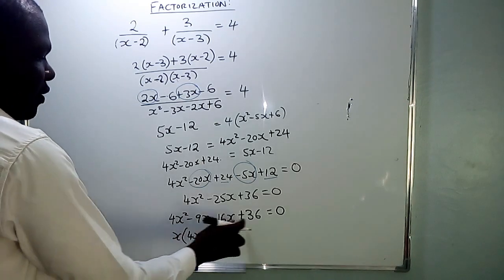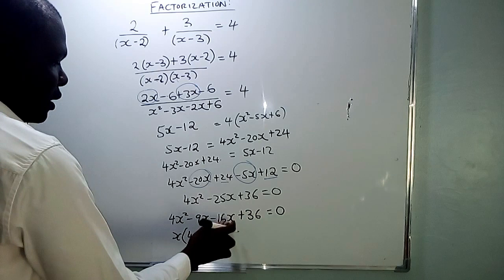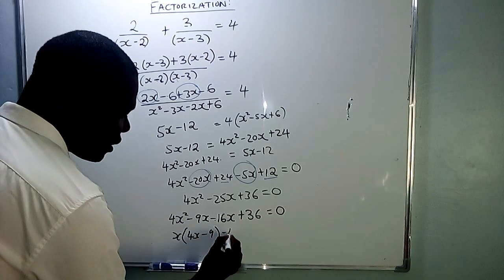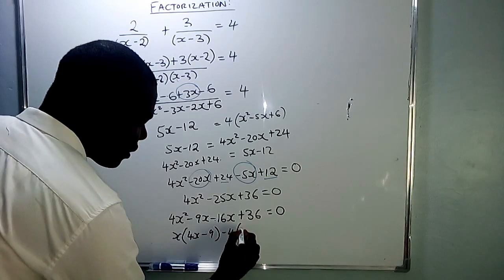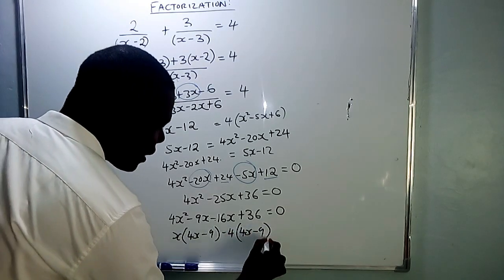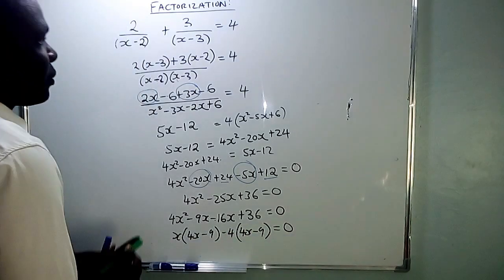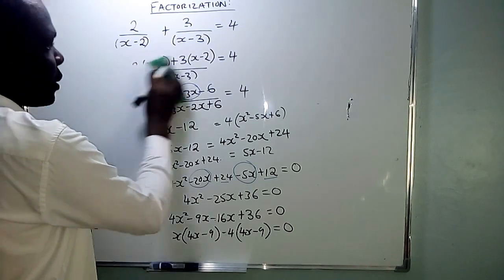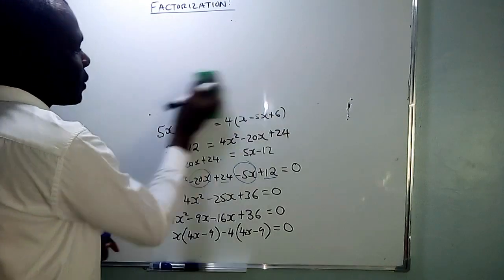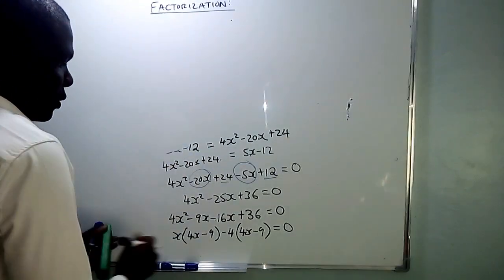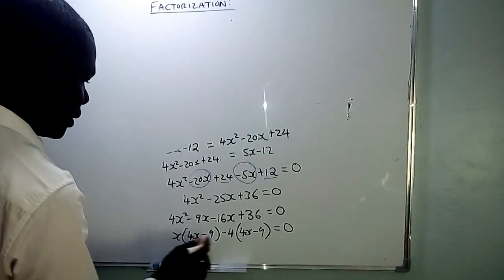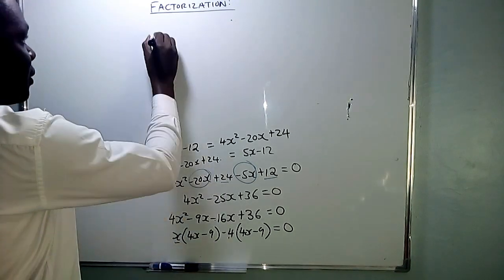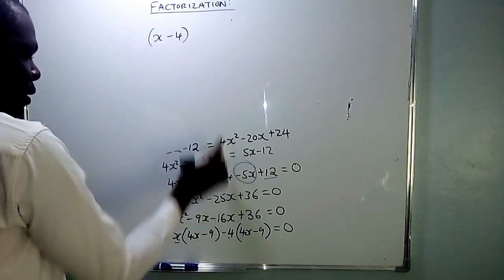Good. In the next two terms, the common factor is 4. If you factor out negative 4, you remain with 4x minus 9 is equal to 0, because negative into negative goes back to positive. Negative 4 times negative 9 gives you back your positive 36, isn't it? So the brackets are x minus 4 and 4x minus 9 is equal to 0.